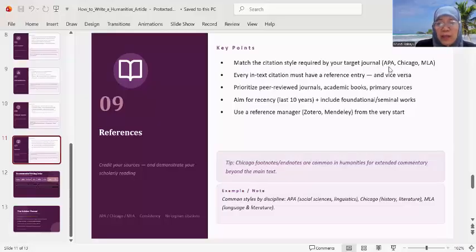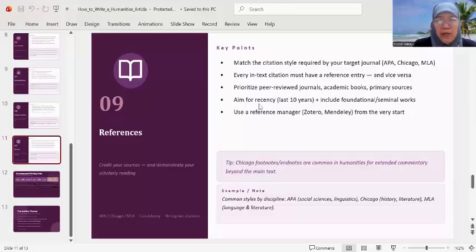Mostly, for example, using APA style. Every in-text citation must have a reference entry and vice versa. So the citations you write in the text should prioritize peer-reviewed journals, academic books, and primary sources. Yeah, that is the priority when writing the references.